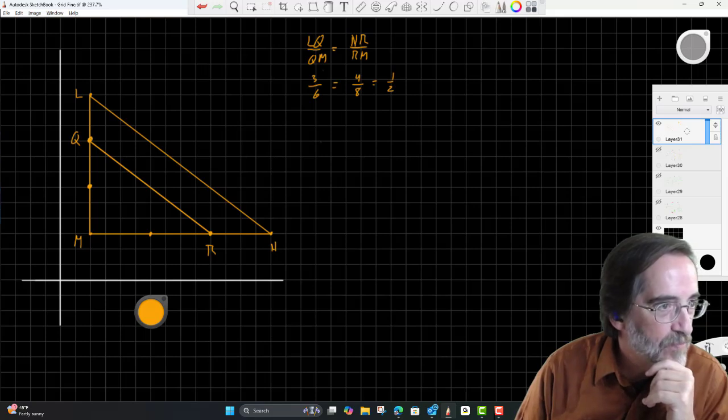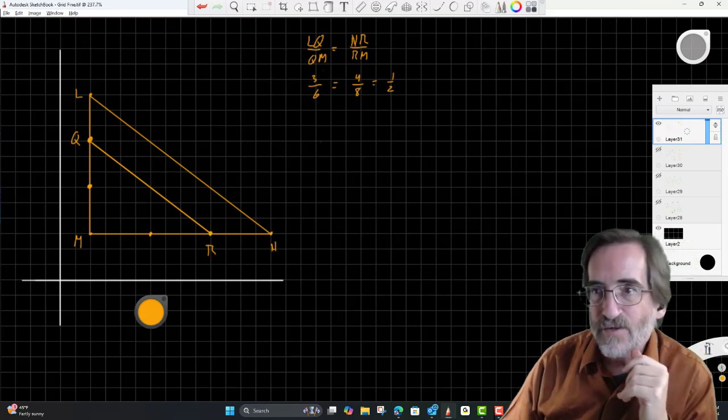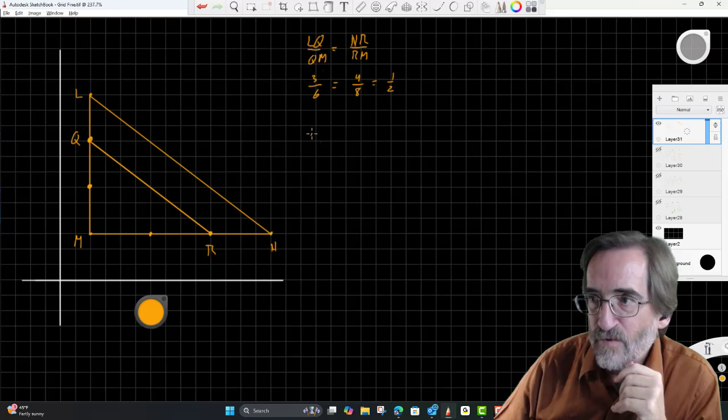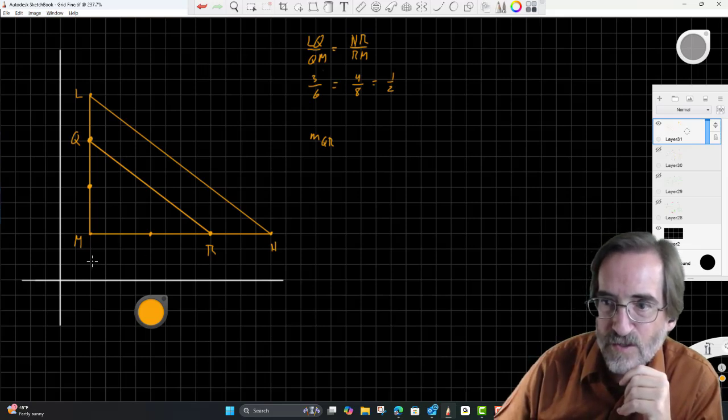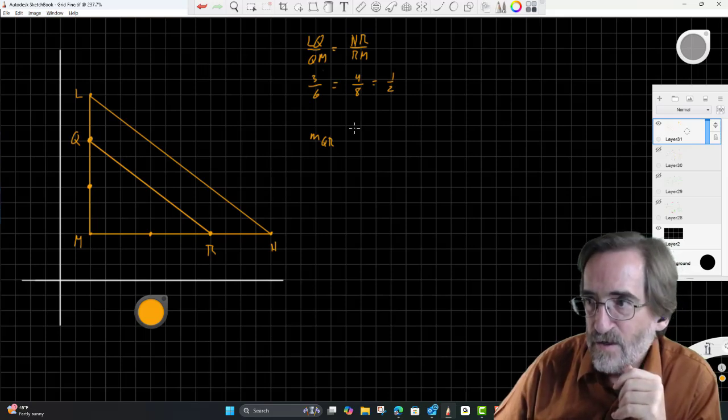Use the slope formula to prove that QR is parallel to LN. So the slope of QR. So let's write Q's coordinates are 2 and 2, 4, 6, 8, 9. 2 and 9.